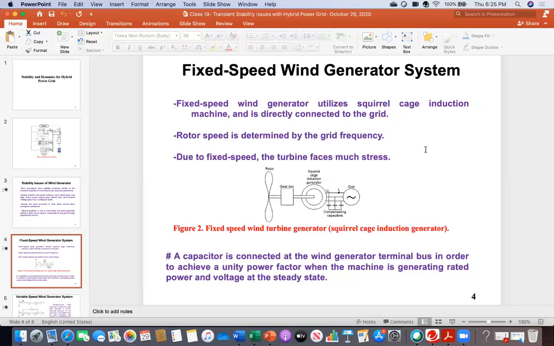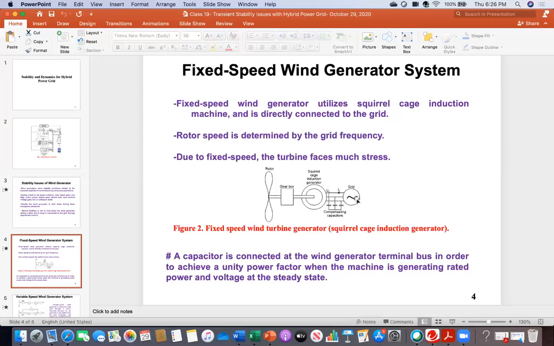So this slide is new, but I think the rest of everybody joined that modern grid class, so they already have looked at it. I have written down the necessity of having that compensating capacitor here. Its function is to achieve a unity power factor in order to maintain rated power and rated voltage even in the steady state situation.